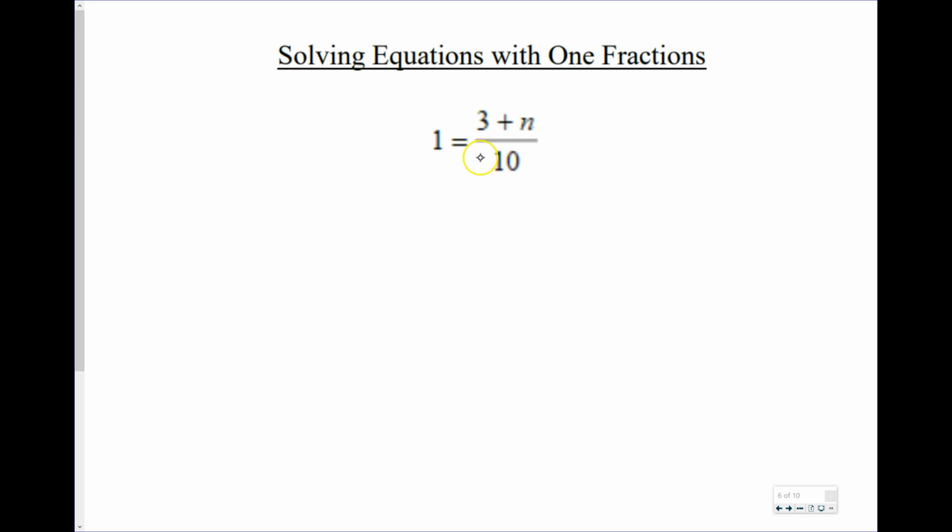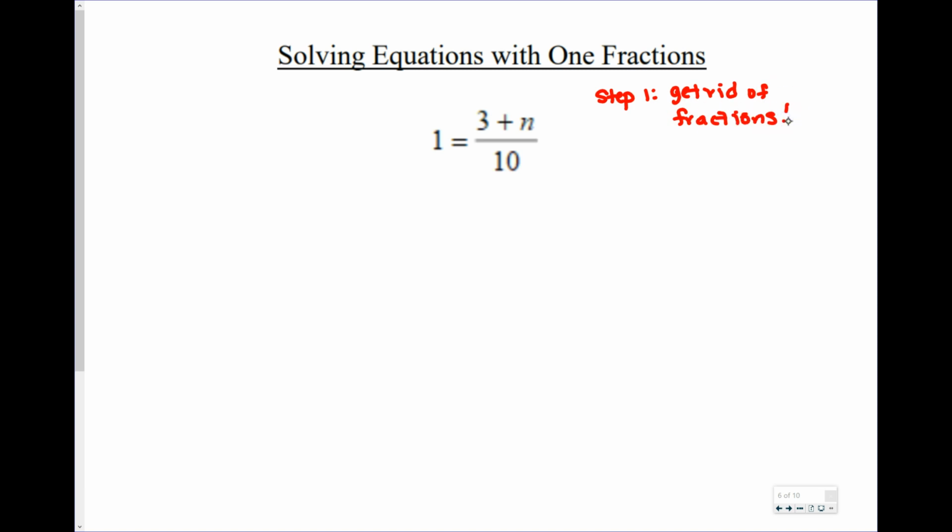So the trick we're going to use to get rid of this 10, and it's a rule we always want to do. Remember in the last learning target I said there was a step 1 and I said we'd get to it? Well, step 1 for every equation is to get rid of your fractions. I told you guys we'd talk about it in this learning target.